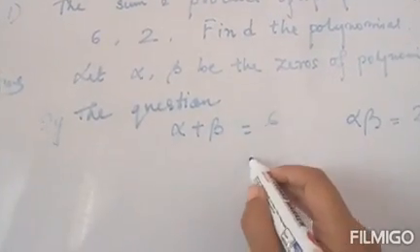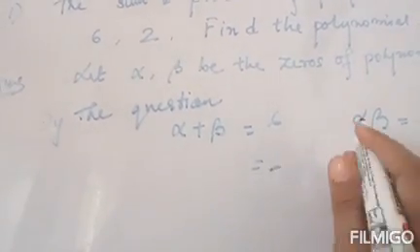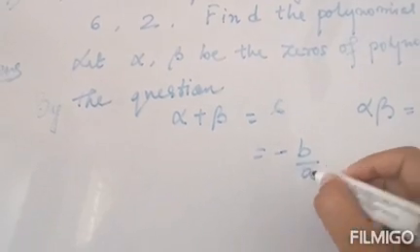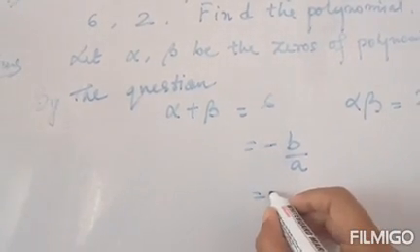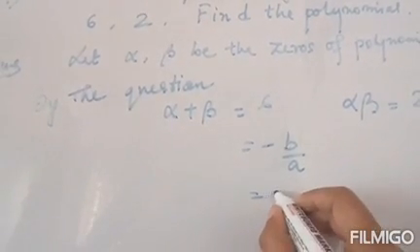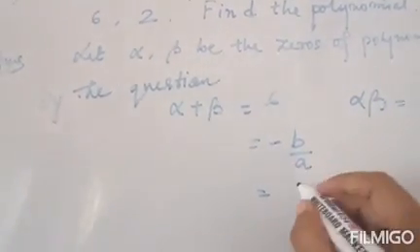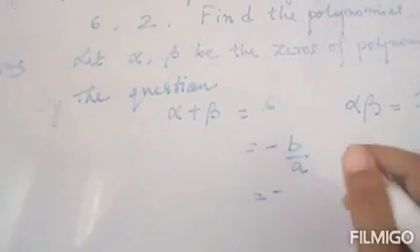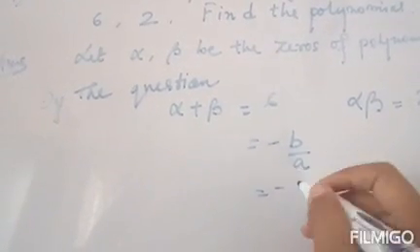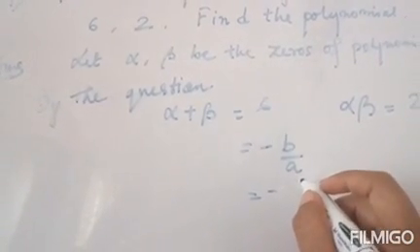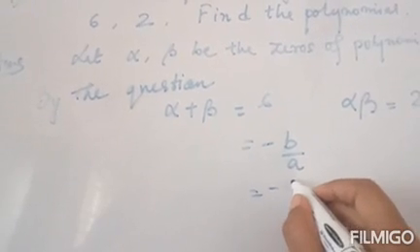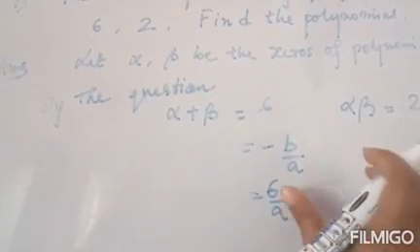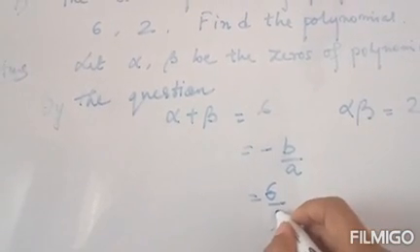Now alpha plus beta means minus b by a, right? So it will be minus b by a, and a means 1.